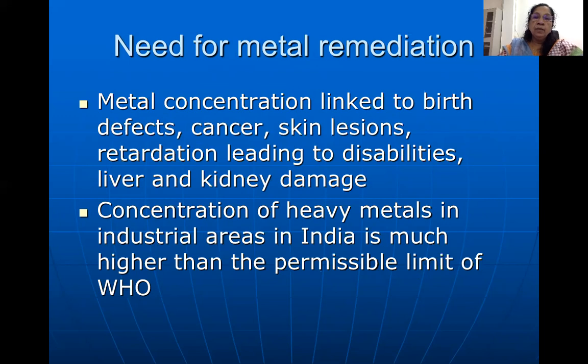And now, because of anthropogenic activities, we find that the concentration of heavy metals in places like industrial areas in our country are much higher than the permissible limit of WHO or any other standards. Because even for heavy metals, there are permissible maximum limits above which they cause toxicity to the ecosystem.